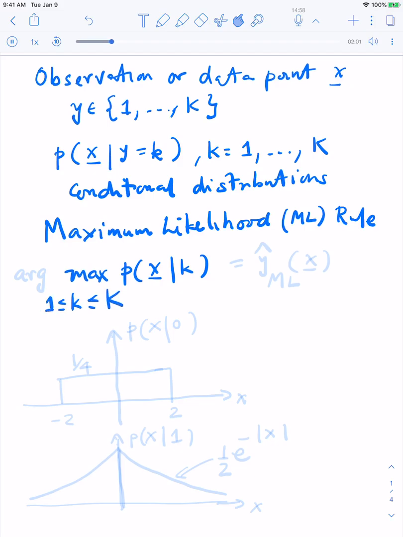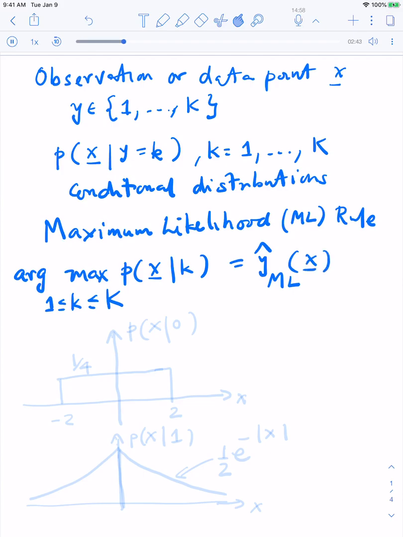Remember that when the data is given to you, this P of X given K is no longer a function of X, because X is not varying. That's the data point that's given to you. It's now a function of the label or hypothesis K, and you have to maximize over that. You pick the K that makes this the largest, and that's what we call argument of maximum, where the maximum is happening, and that is your Y hat.